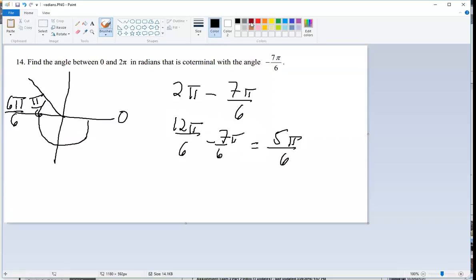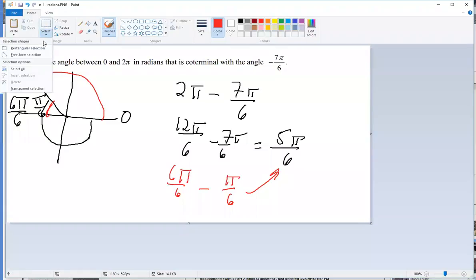And that looks about right for this angle here. It's not a full pi. The other way is, I know my reference angle is pi over 6, so 6 pi over 6 minus 1 pi over 6 is the same answer, 5 pi over 6. So that's what you do when you have less than 1 rotation.